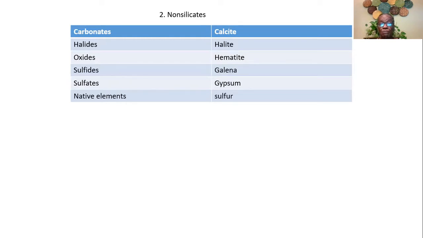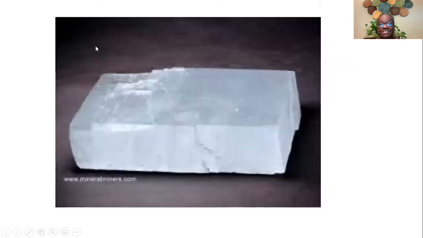And it's also the mineral that will bubble carbon dioxide when you put either vinegar or dilute hydrochloric acid on it. We also have non-silicates that are halides, and an example of a halide is halite, which is referred to as common sodium chloride.